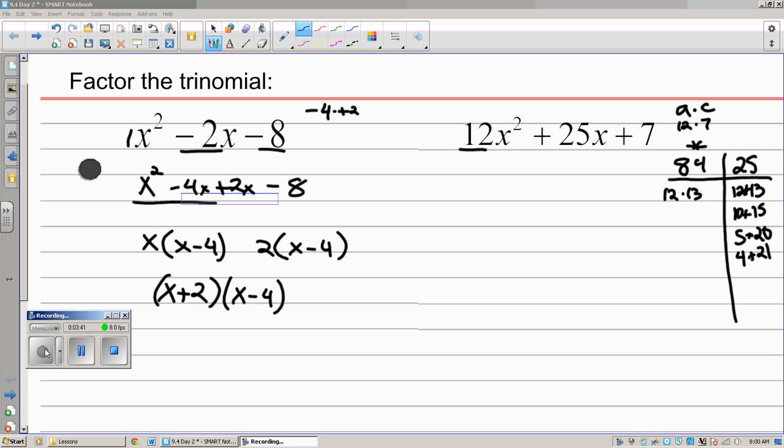And I know 4 times 21 is 84. Andy helped me along the way. I just wanted to make sure that it was factorable. So that is correct, and that's what I can split my middle term with.